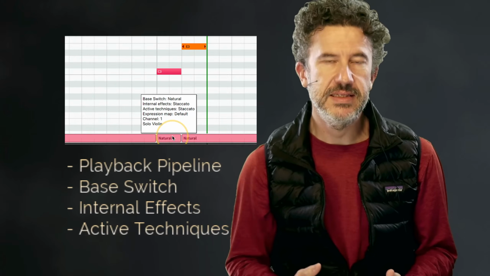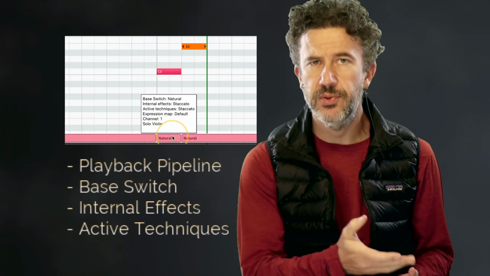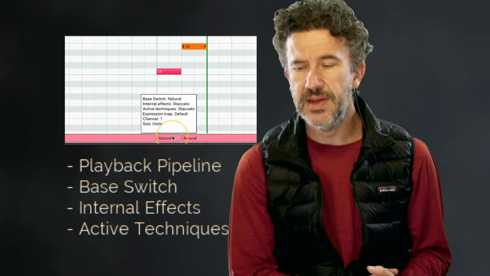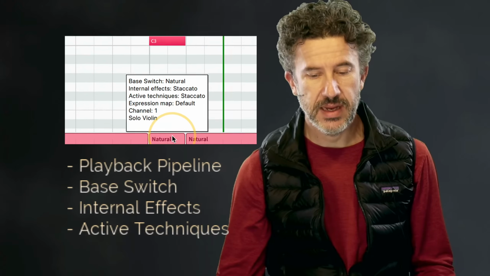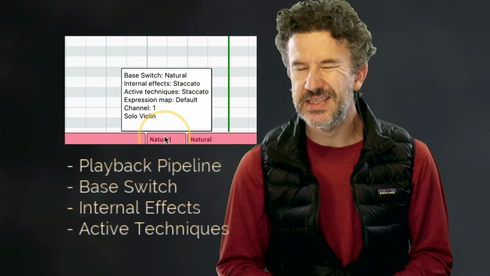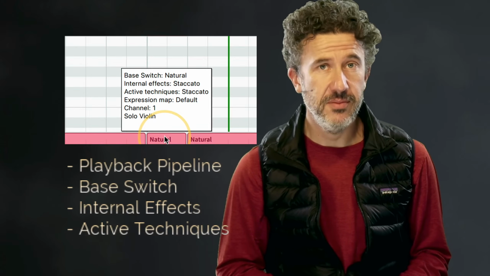Everybody has had this experience where they've notated their score correctly, they're sure that they've put the right playback techniques in their expression map, and still it's not playing back. Well, the thing to do is to come here and look at what the active techniques are and what the base switch is, because essentially the active technique is probably what's missing from your expression map.